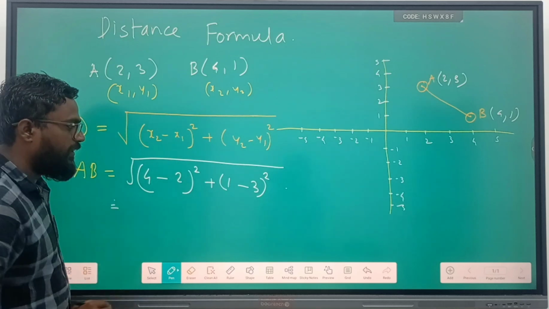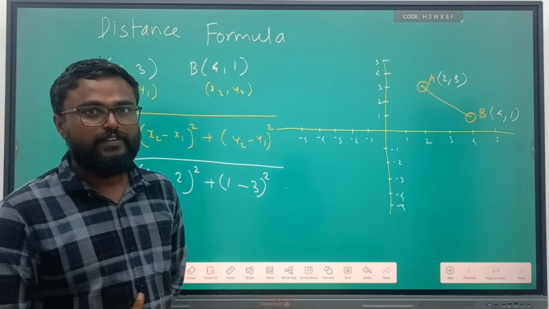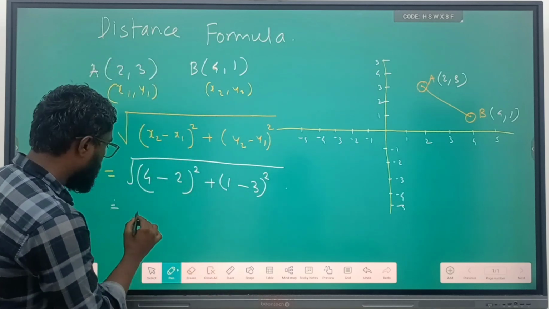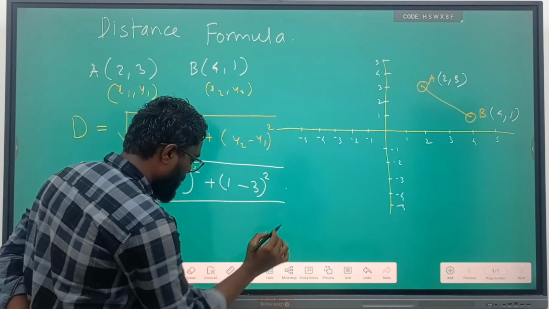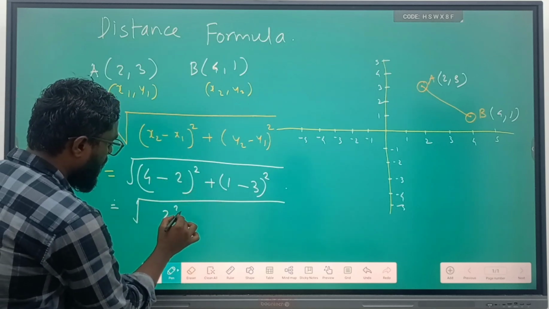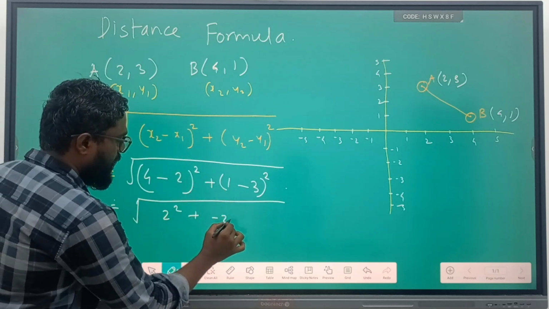If I solve it carefully using the PEMDAS method, parenthesis comes first. So 4 minus 2 is 2, squared, plus negative 2, squared. I'll keep the root as it is.